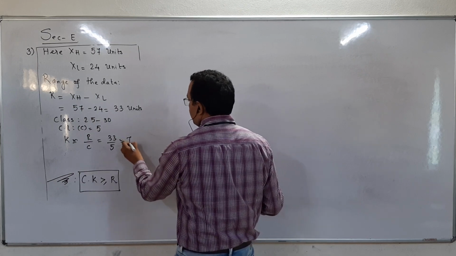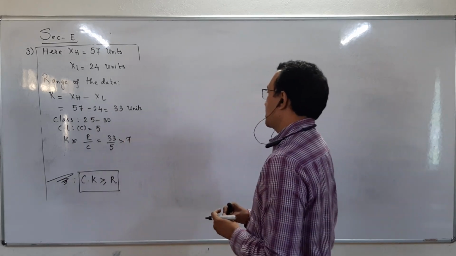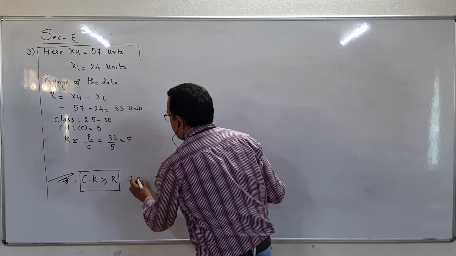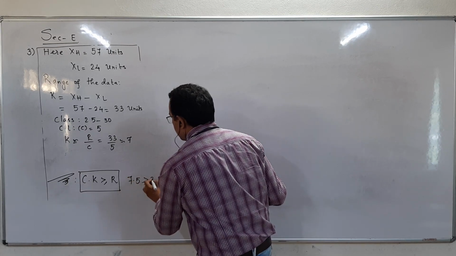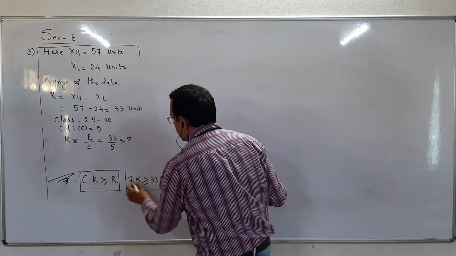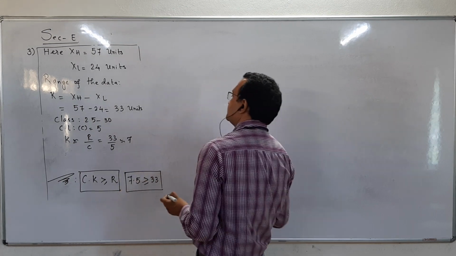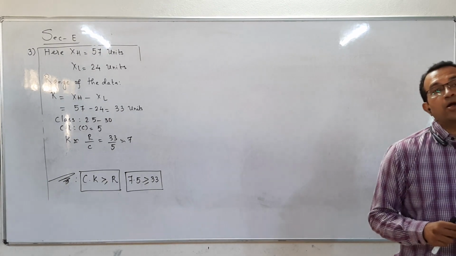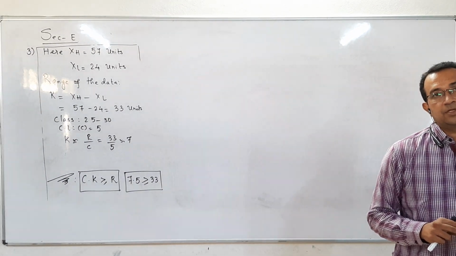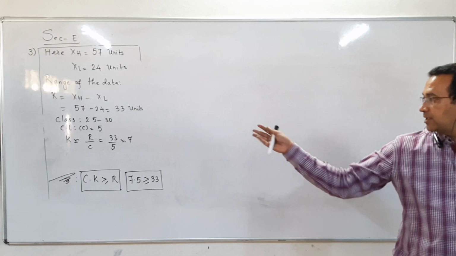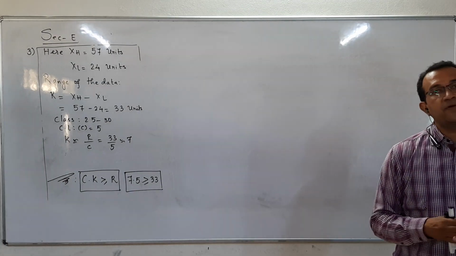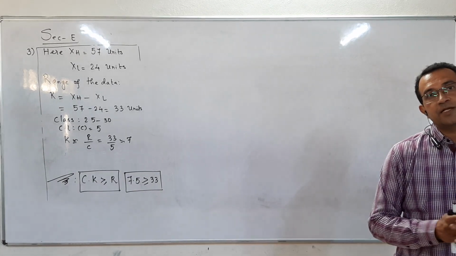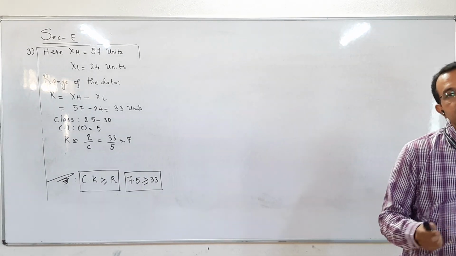So let us take 7. Check 7 into 5 is 35, which is greater than or equal to 33. This layout is very important, students. 33 divided by 5 is 6.6, and I cannot take 6.6 classes, so I round it off to 7.